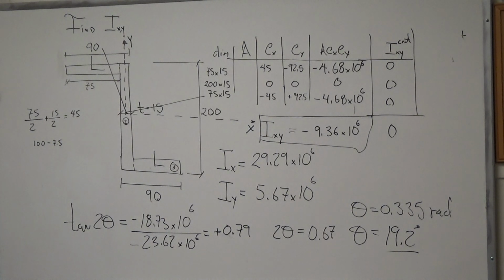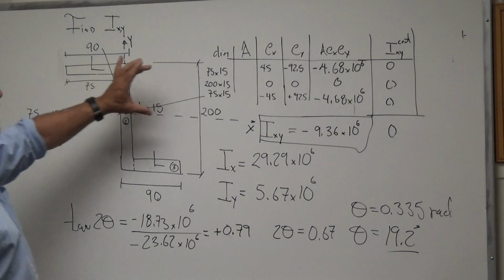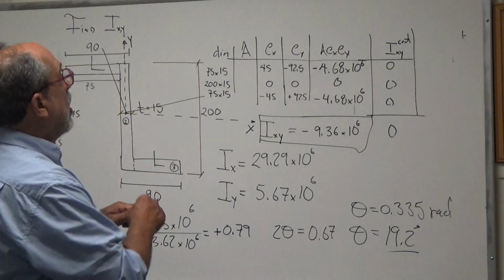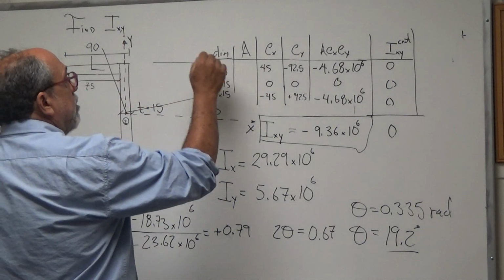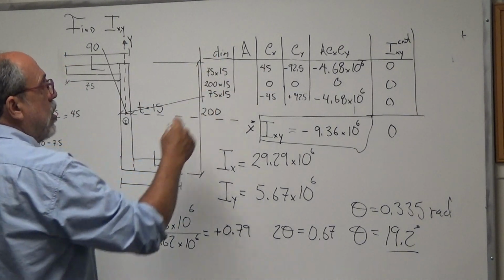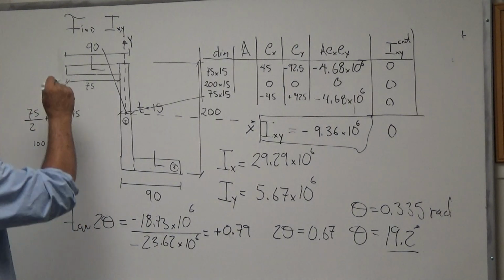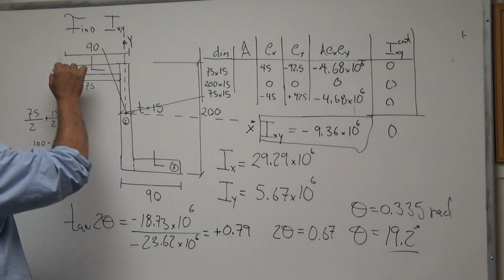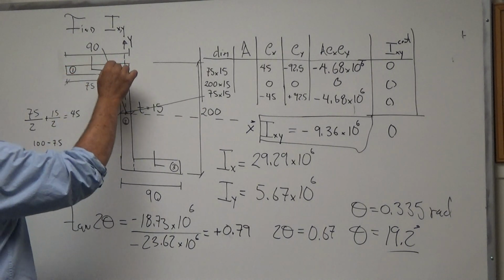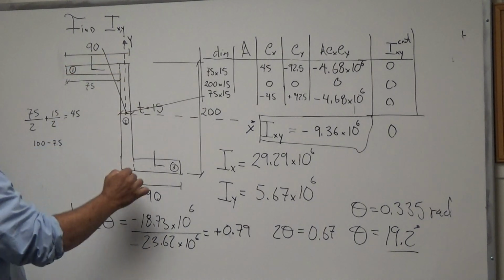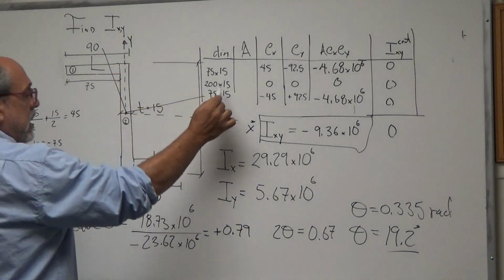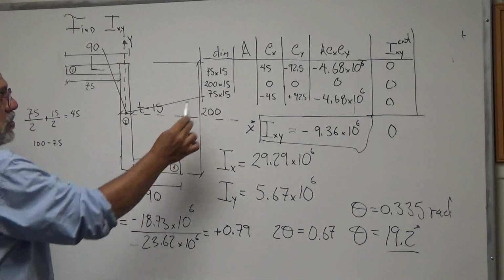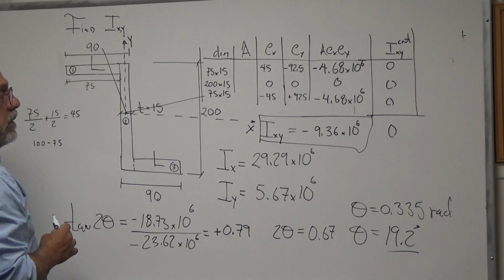So here is the table that I use to calculate IXY. I begin here by writing what the dimensions of my blocks, my pieces are. So I'm going to use this number 1, which is a 75 by 15, a number 2, which is the whole vertical one, 200 by 15, and the bottom one, which is also a 75 by 15.